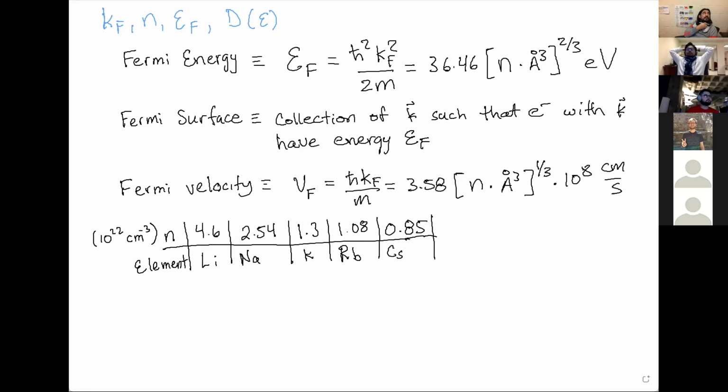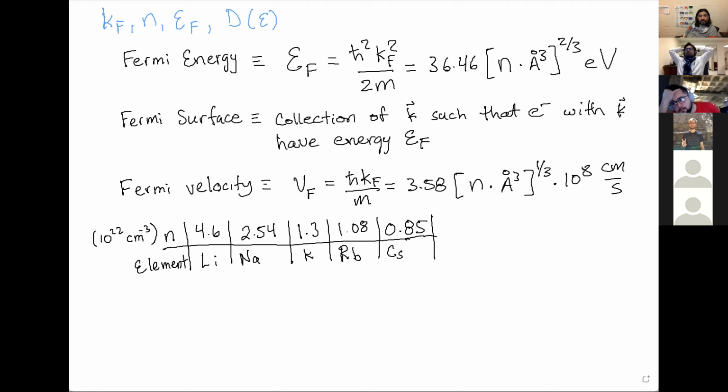Also, which atom would be bigger, you think, lithium or cesium? In terms of density, cesium. Right, exactly. So what you see is that there are more lithiums packed in one volume than cesiums. But all of those guys, because they're from the first column in the periodic table, they're just giving you one electron, right? So that's how that goes down.